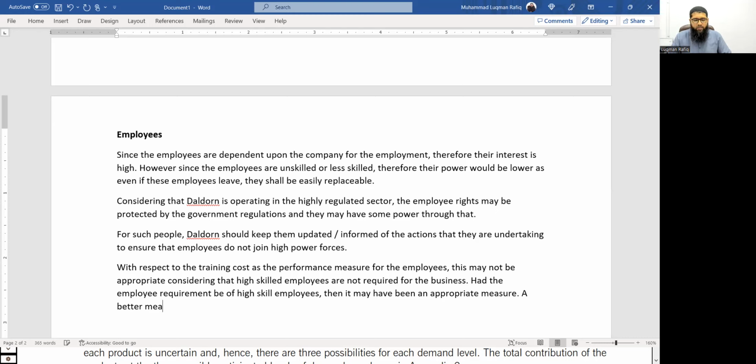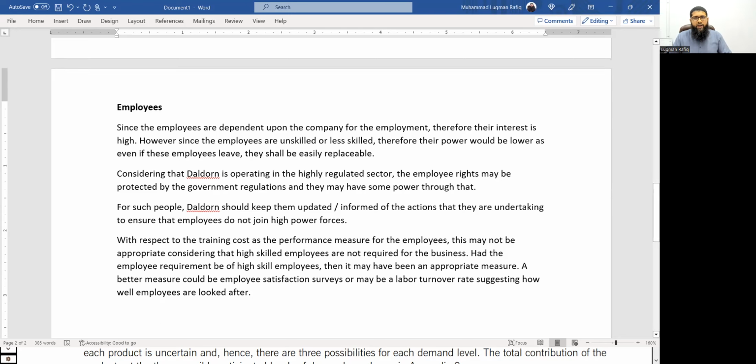A better measure could be employee satisfaction surveys, or maybe a labor turnover rate, suggesting how well employees are looked after. Do you get my point?